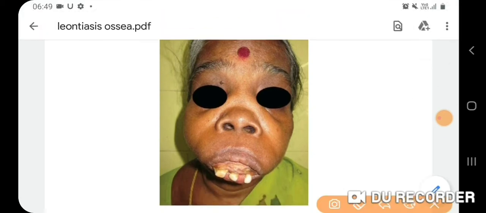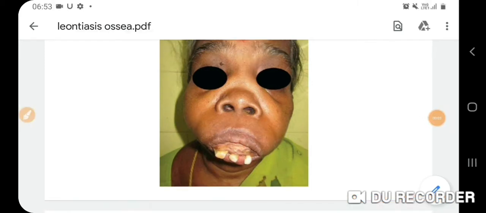It primarily affects the older age group, and rarely is it found below 40 years of age. The frequency increases with age, and jaw involvement is present in 17% of the cases with a predilection for the maxilla.